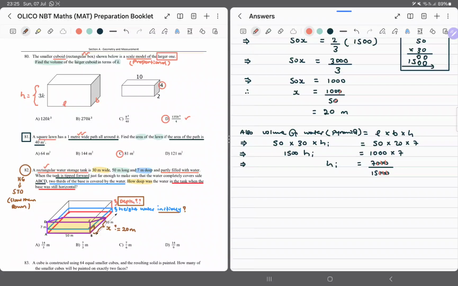The zeros pretty much take care of each other. So again, these take care of each other. Then we've got 70 divided by 15.